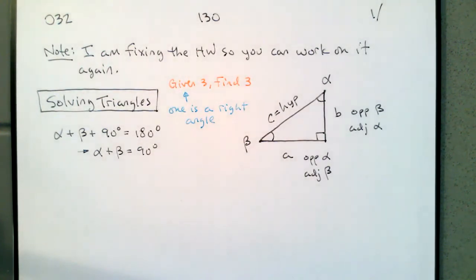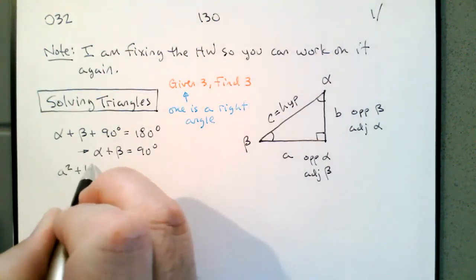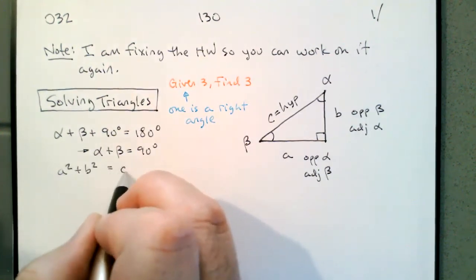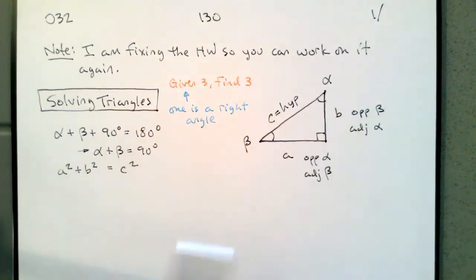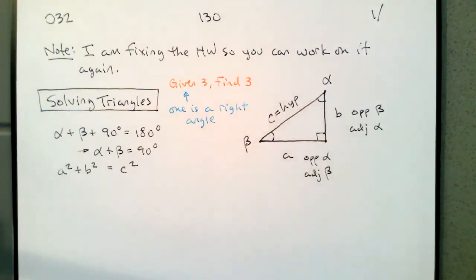Also, once we're dealing with a right triangle, we can use the Pythagorean theorem, which says the sum of the squares of the legs of a right triangle is equal to the square of the hypotenuse. In this formulation, we have to make sure that C is the hypotenuse, that is the side opposite the right angle.